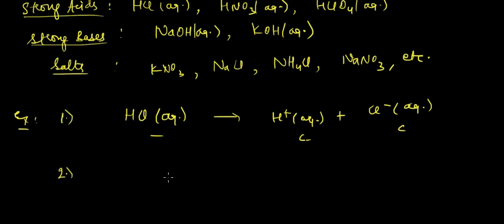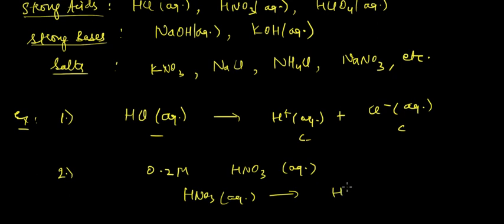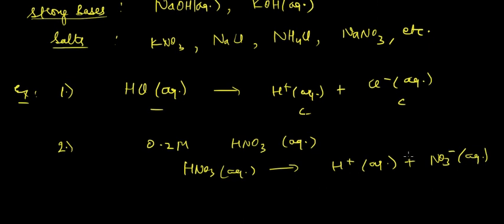Another example could be 0.2 M HNO3 aqueous, meaning HNO3 aqueous getting dissociated into H+ aqueous plus NO3- aqueous. So that would be 0.2 M, and this 0.2 M would be getting dissociated into 0.2 M and 0.2 M.